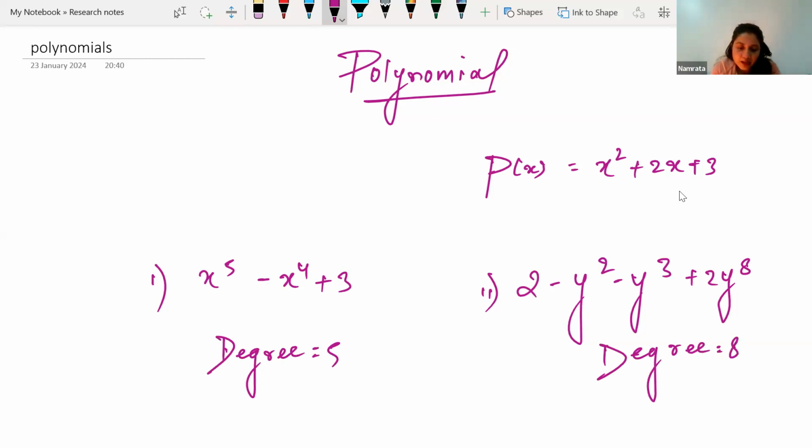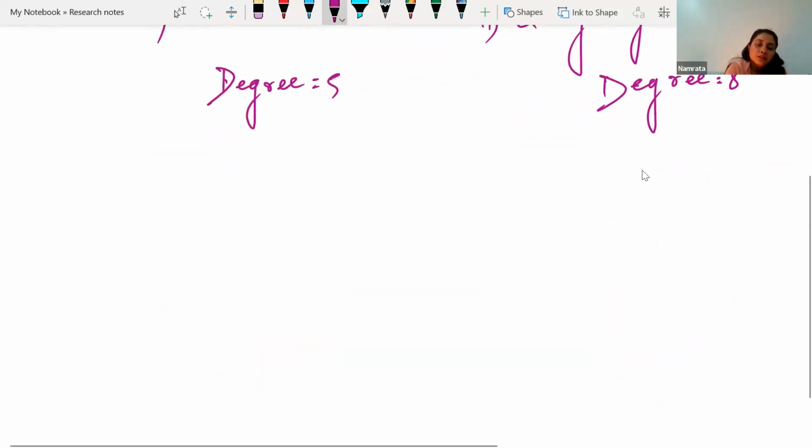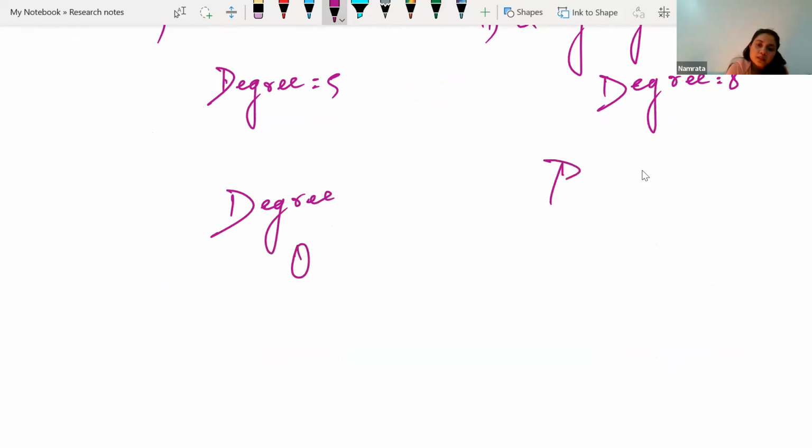Okay. Now here we are having one concept. There is a table which says that when the degree is 0, you must know the name of the polynomials.